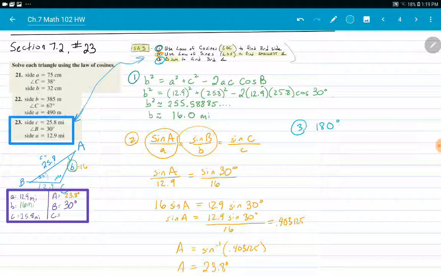So 180 degrees minus angle A and minus angle B. Minus 30 is 150, minus 23.8 gives me 126.2.